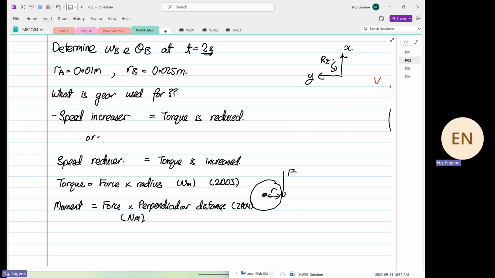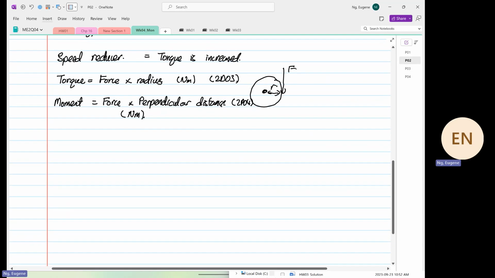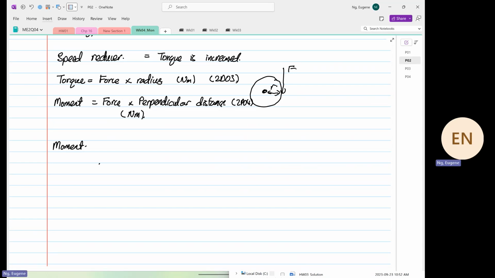It's okay. So if you look at moment, if we have a beam that is a cantilever beam, right? This is our cantilever beam.